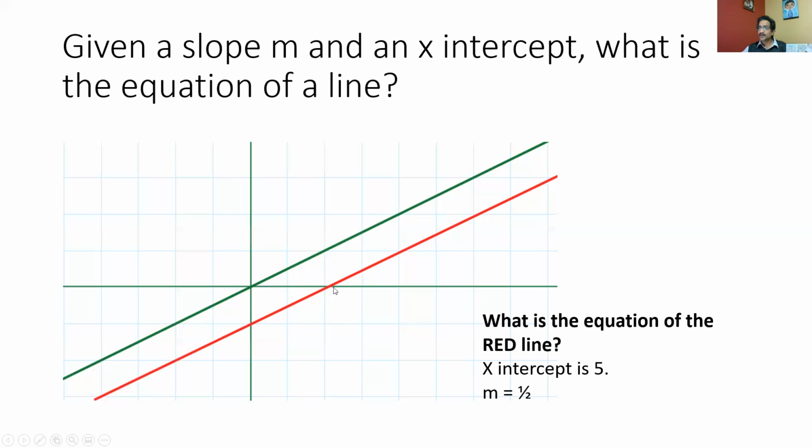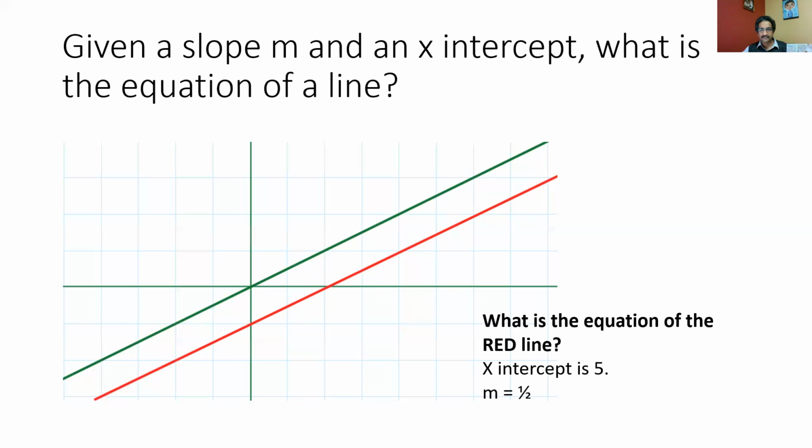Because you're given an x-intercept, you just do x minus 2. Whatever point you take on this line, you do -2 and you will be on the green line.